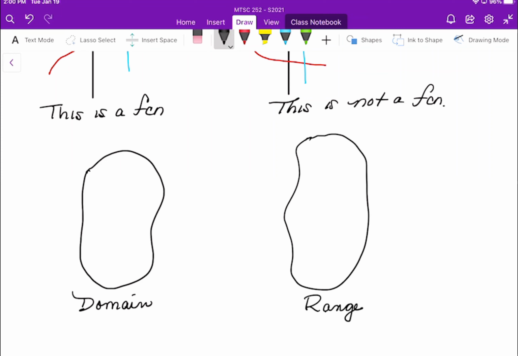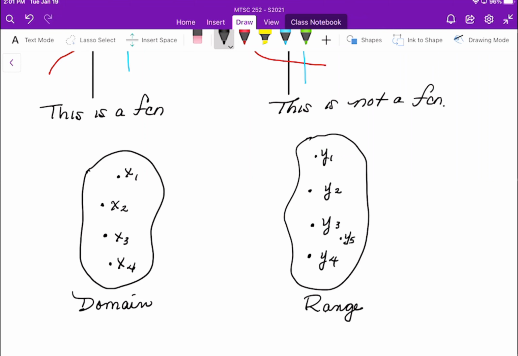And so we can choose values here, and each one of these maps to something over here, etc.